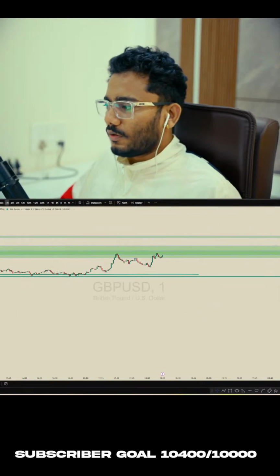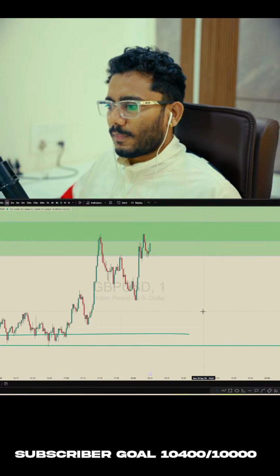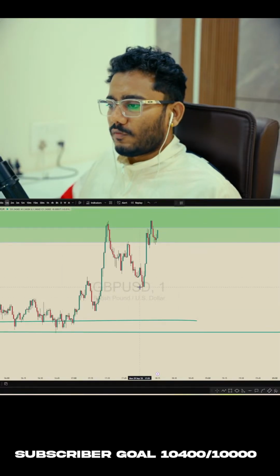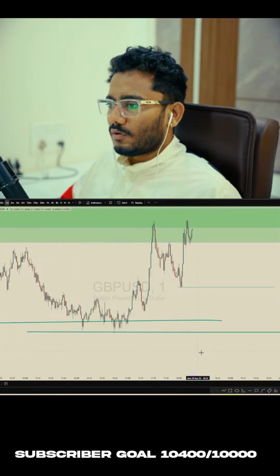Let's go to 1 minute and look for a structure. So let's wait for price to break this low and then we could look for a CHoCH.